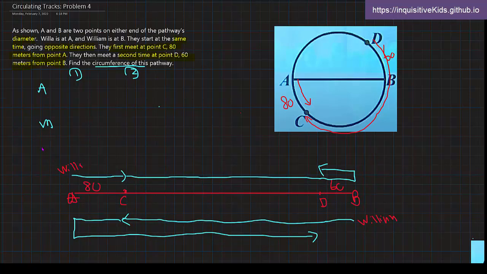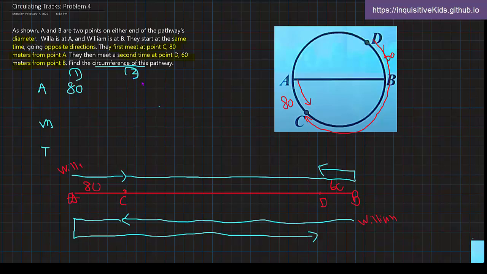There's also a total, which is the total distance they walked all together. At their first meet, Willa walked 80 meters, but we're not sure about William, so I'll keep that blank.